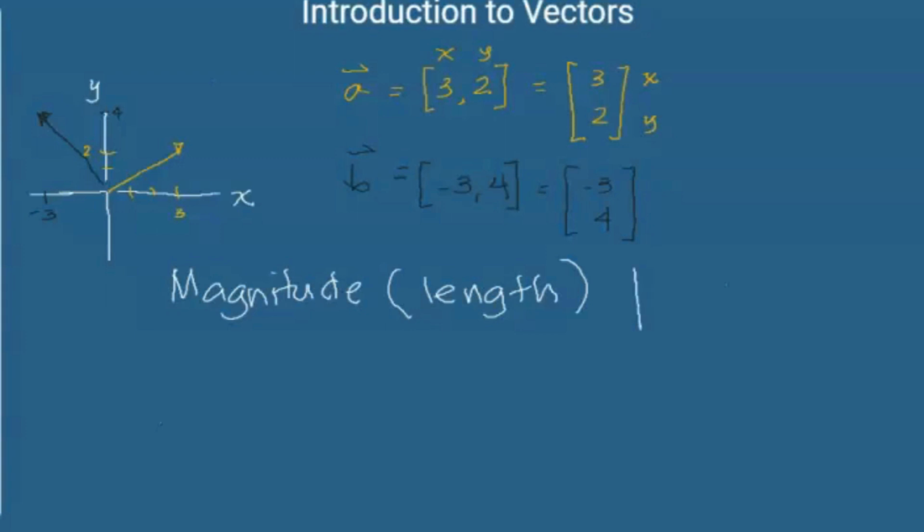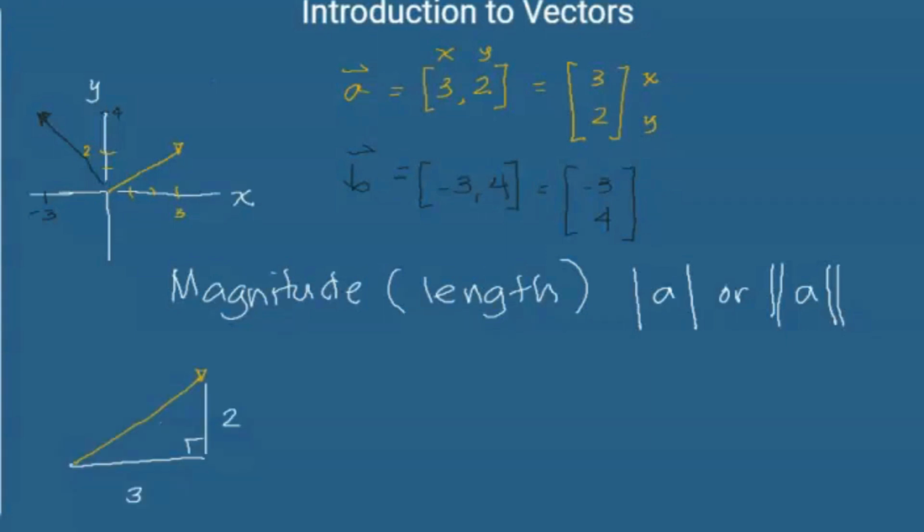So if you see something like this, it means you're asked to find the length or magnitude of vector A. Or they also use this double parallel line.